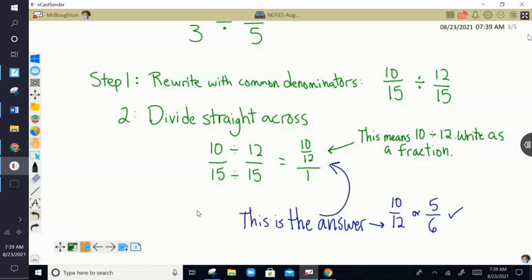Now let's pause for a second and see, what does it mean when we have a fraction where the denominator is 1 that we see right here. When you have something for the numerator and then the denominator is 1, for example, a whole number could be the whole number 5.